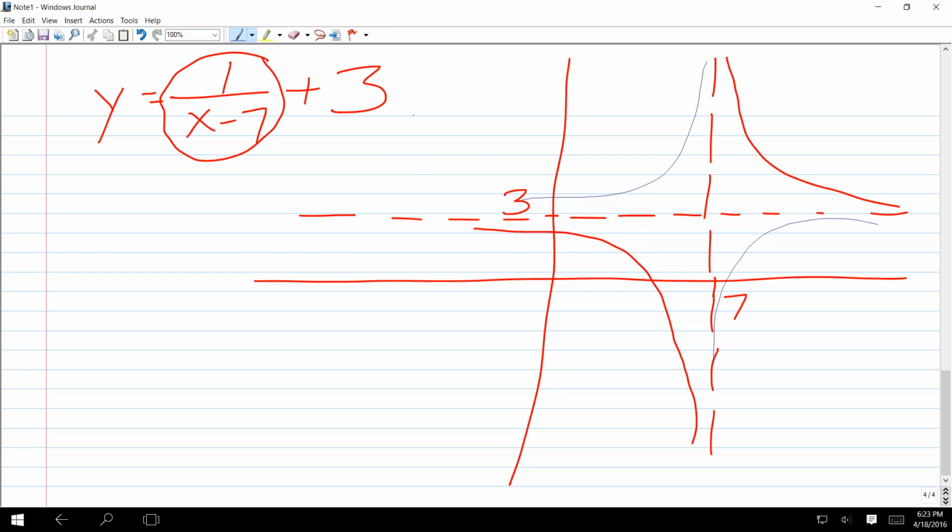Notice that if it was 1 over 7 minus x instead of x minus 7, in other words, let's say it's 1 over 7 minus x plus 3, now if I pick a number greater than 7 for x, that's negative, which means that it would fall down here somewhere.